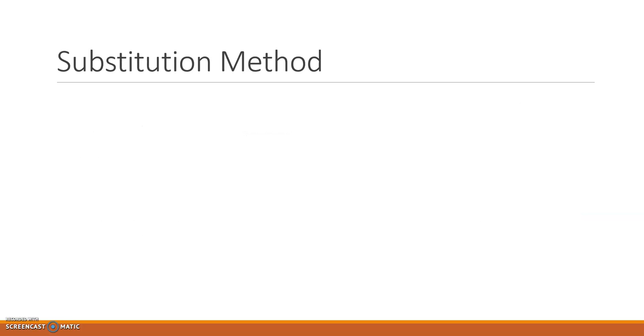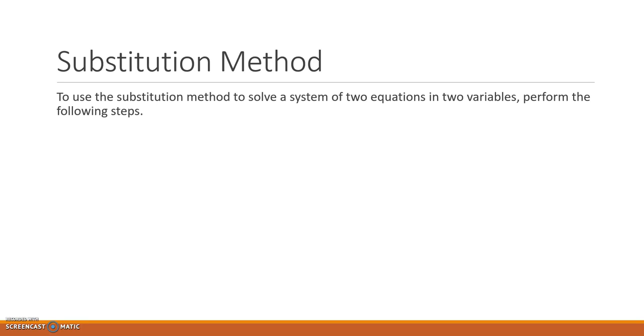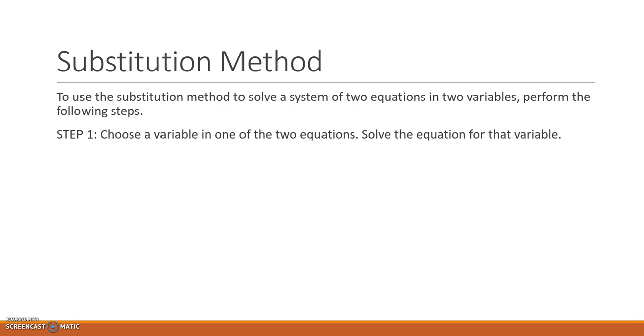So let's start off by looking at our substitution method, which is one of the three methods that we have to solve systems of equations. The other two are graphing and elimination. Today we'll be focusing on the substitution method, and to perform this, we will follow these three steps. So step one is to choose a variable in one of the two equations and solve the equation for that variable.